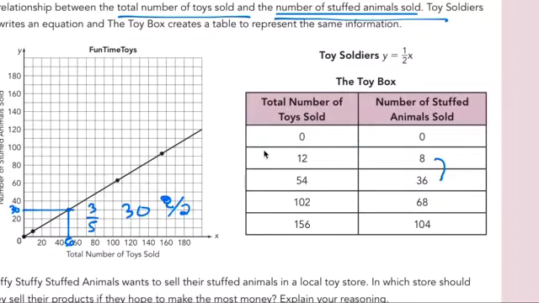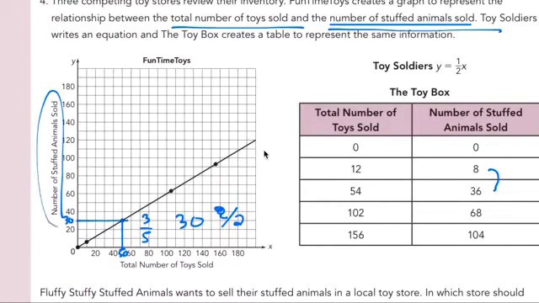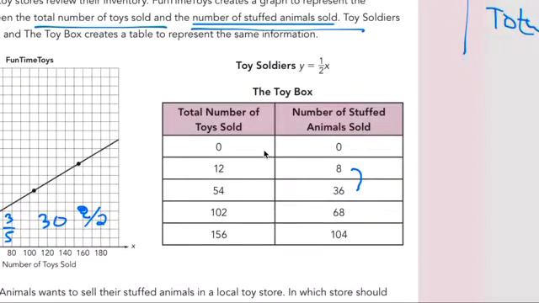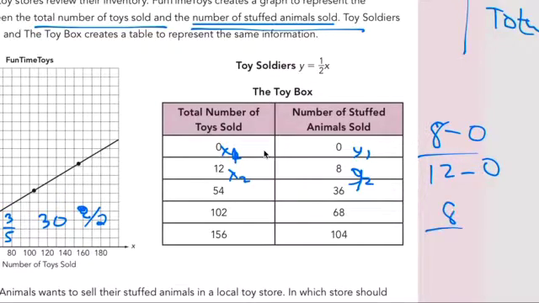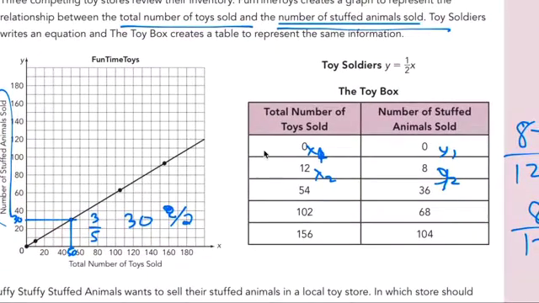So I'm going to put number of stuffed animals first, because here we put number of stuffed animals first. So you would do x sub 1, y sub 1, x sub 2, y sub 2. Change in y, 8 minus 0 over 12 minus 0. So it's 8 over 12, which is, divide by 4, 2 over 3, 66%. This is 60%.